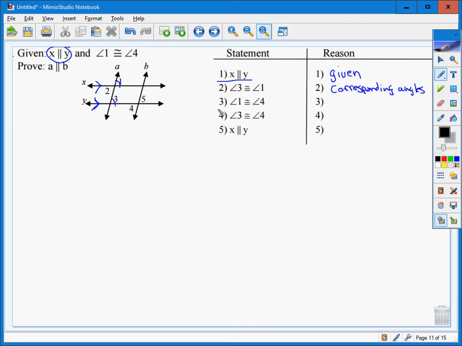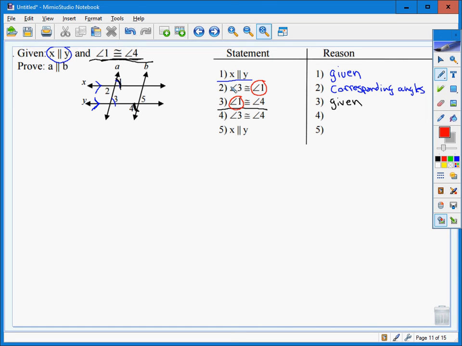When I go to the next one, don't get confused here. Take a look at what they gave me. Angle 1 is congruent to angle 4 was also given. Angle 1 and angle 4 are congruent. So let's make sure that I've got that marked in my picture. Notice that where step 2 stopped, step 3 started.